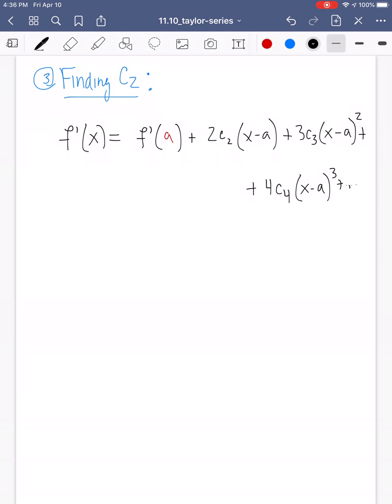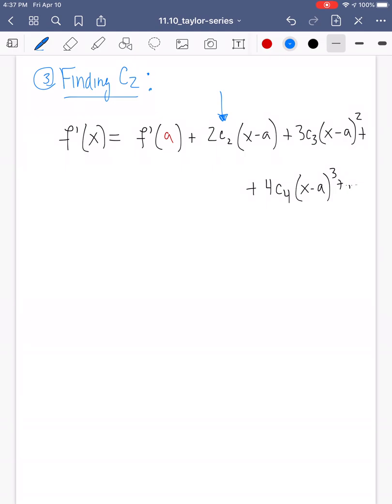And our goal here is to figure out what this c2 term is, or what the value of that c2 coefficient is. And we can go through the same exact process. If we were to evaluate this derivative at x equals a, well, we're just going to get f prime of a. So we could try again that same trick we did just before.